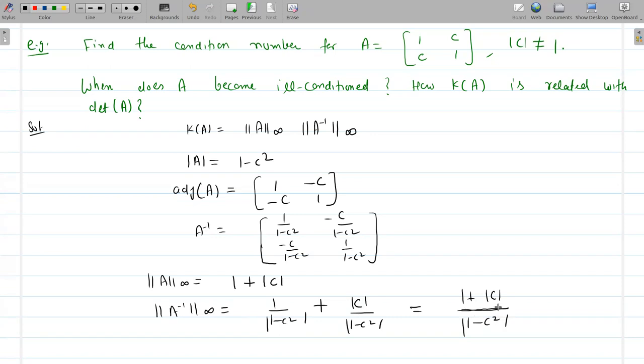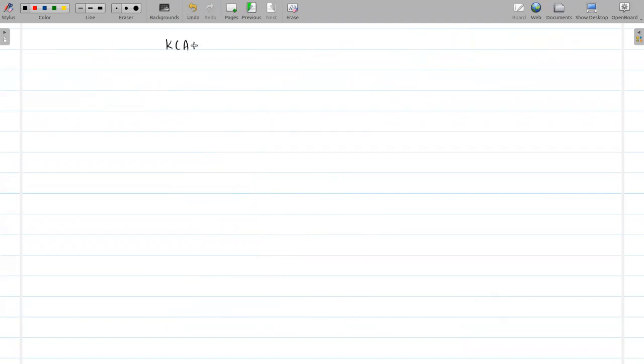So you can write the condition number. Multiply norm A with norm of A inverse, that is the condition number. So the condition number is finally norm of A multiplied by norm of A inverse, and you can collect the two terms in the numerator, so that will be 1 plus mod c, whole square.